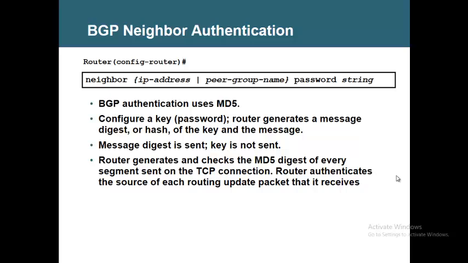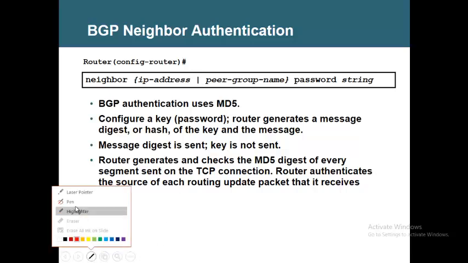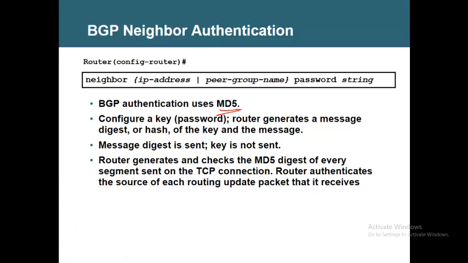So such a routing protocol must have a very secured authentication. Authenticating itself is secure, but it needs to be more secure. That's why BGP doesn't support clear text authentication, only MD5.